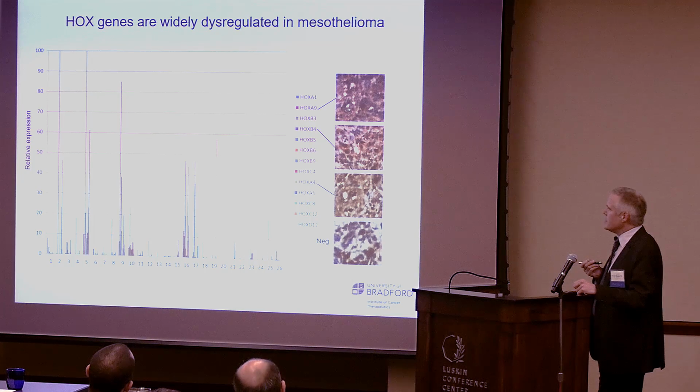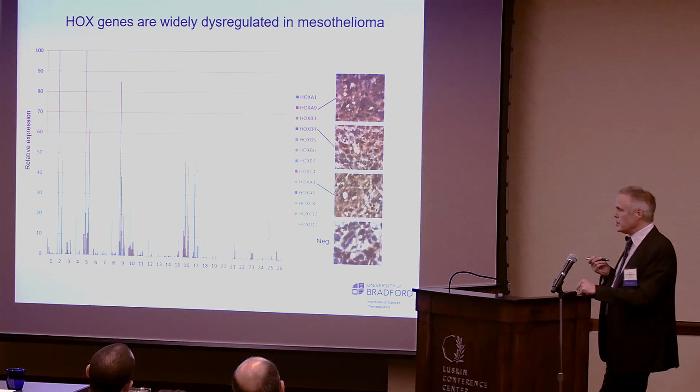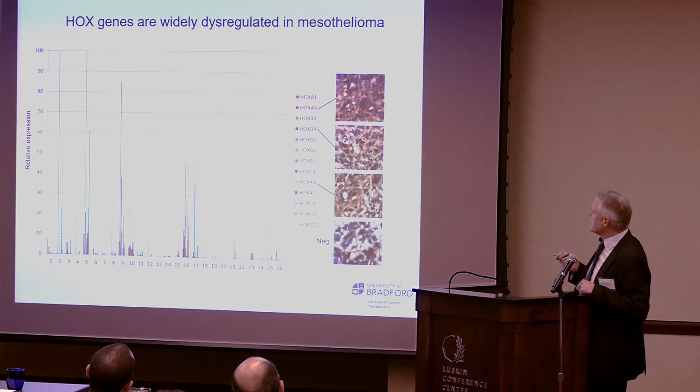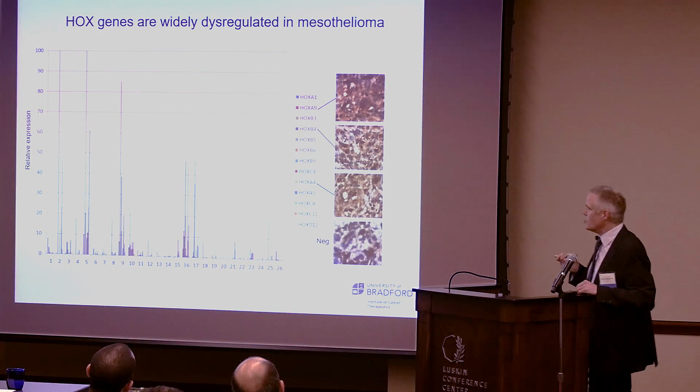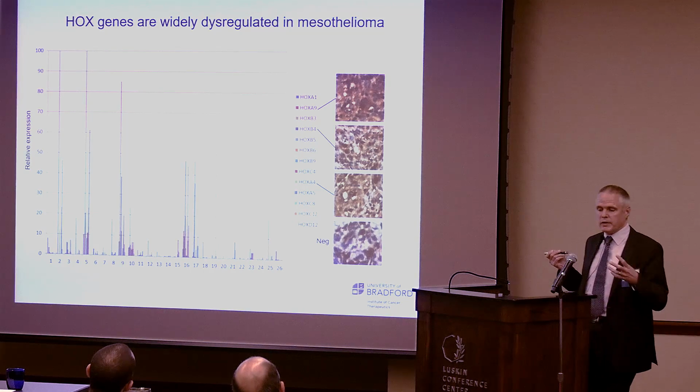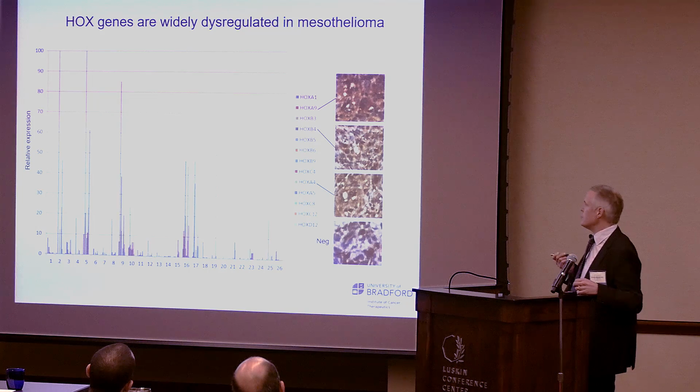So these are different mesothelioma tumours taken from patients. And it's an extremely compact figure, and the details don't really matter that much. But it's looking at a group of these HOX genes which are known to have the most significant roles in terms of promoting cancer, in terms of having oncogene-like properties.